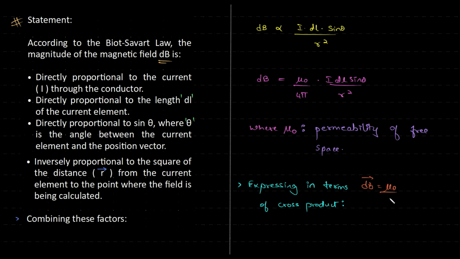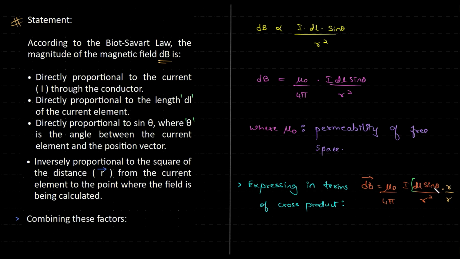To help us with that, we'll multiply and divide by r. So I dl sine theta by r square. I'm not writing the statement that I'm multiplying and dividing with r, r being your position vector.